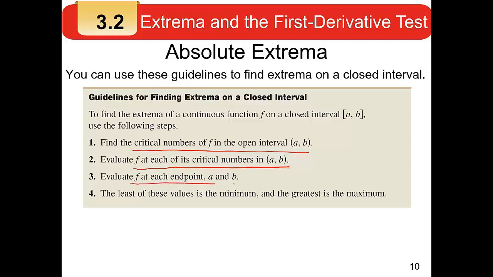And then you want to evaluate the function at the endpoints, because like I said, the endpoints could be the highest or lowest point. So not only do you find the relative extrema, you also have to check those endpoints as well. Once you've done all that, though, just put them in order, in numerical order of y values, and whatever comes out smallest is the minimum, and whatever comes out the biggest is the maximum. So once you get all those y values calculated, you simply put them in order. The smallest y value becomes the minimum, the biggest y value becomes the maximum.